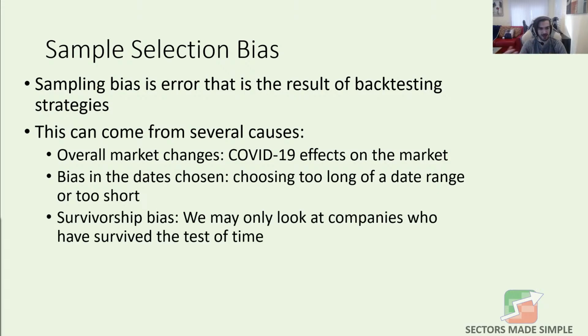And then the last one is what's called survivorship bias. This is the idea that why do you not see a lot of really bad restaurants? The reason is because the bad restaurants don't last very long. Bad companies don't last very long.